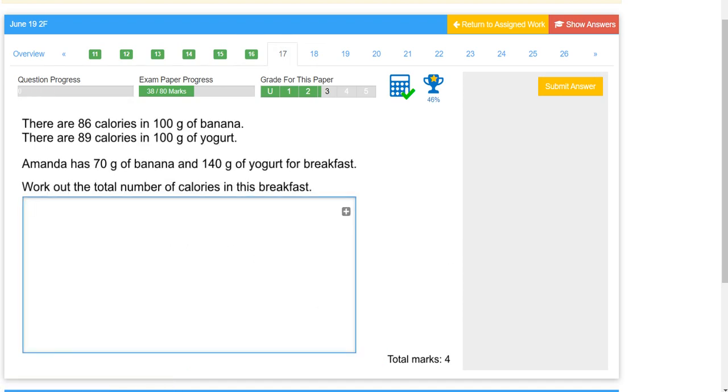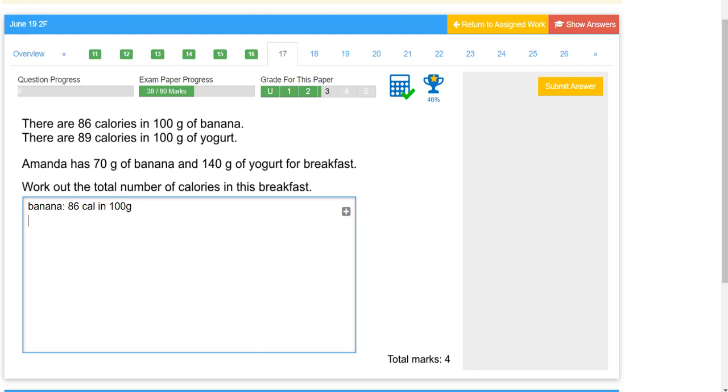There are 86 calories in 100 grams of banana, 89 calories in 100 grams of yogurt. Amanda has 70 grams of banana and 140 grams of yogurt. What are we going to work out? Well, let's do the banana first, shall we? So there's our banana. I have 86 calories in 100 grams of banana.